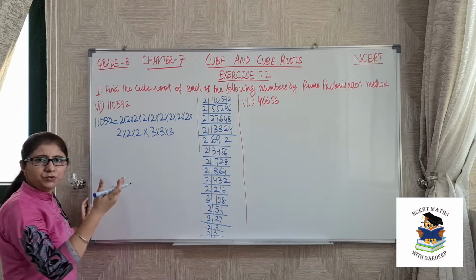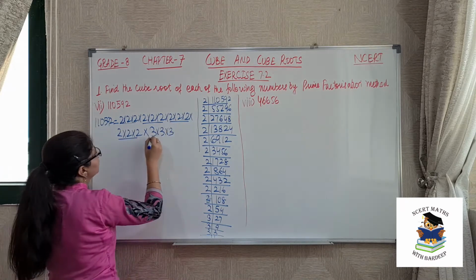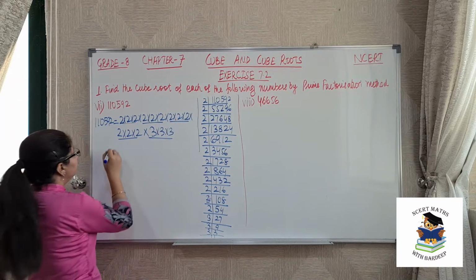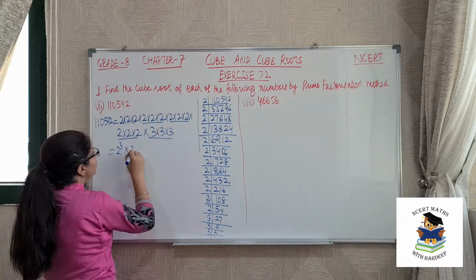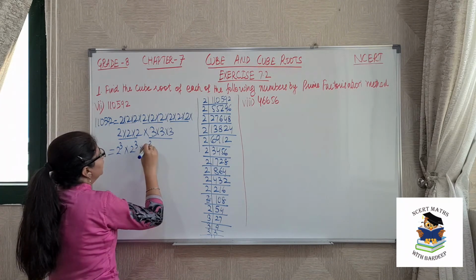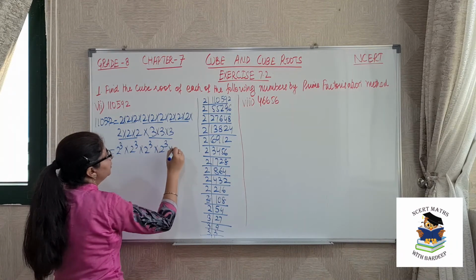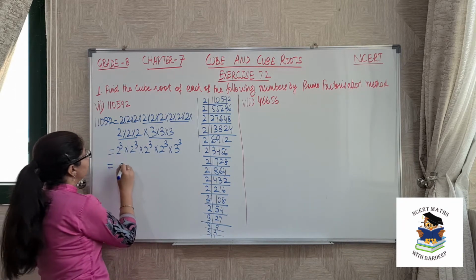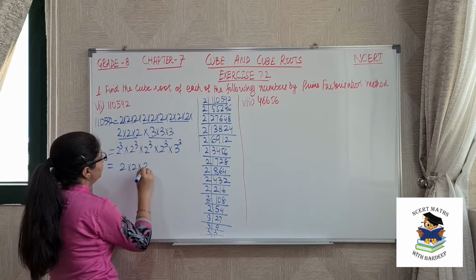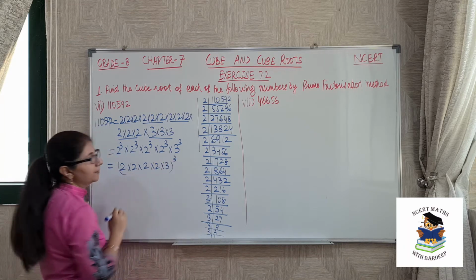So now each factor is making a group of 3. Okay. So we will write this in the powers of 3. 2 raised to power 3, this also 2 raised to power 3, again 2 raised to power 3, this also 2 raised to power 3, and 3 also raised to power 3. So write each factor inside and the power outside as a common power.